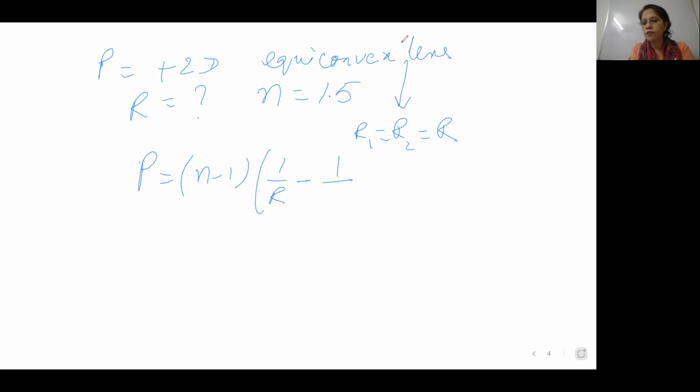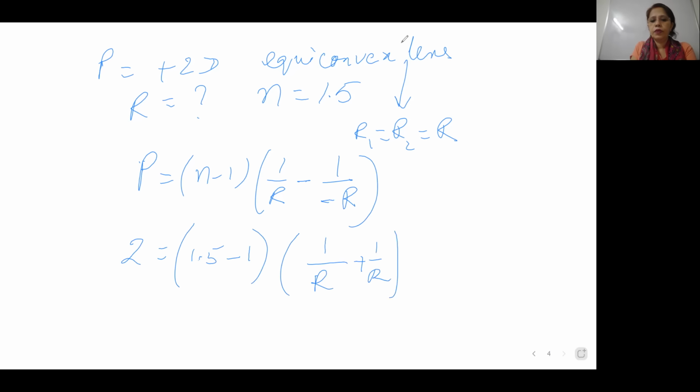now see, first radius of curvature is positive, second radius of curvature is negative. Remember this. So P is given 2 and this is given 1.5 minus 1, 1 upon R plus 1 upon R. So this becomes 0.5 and this 2 upon R. Therefore, what will be R?